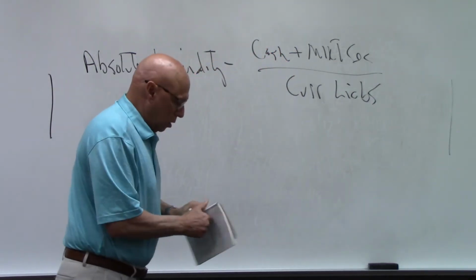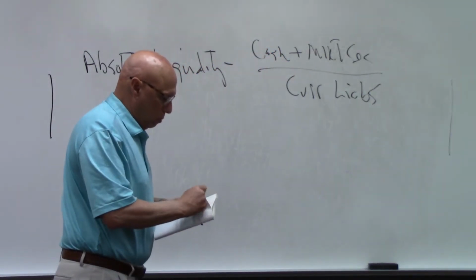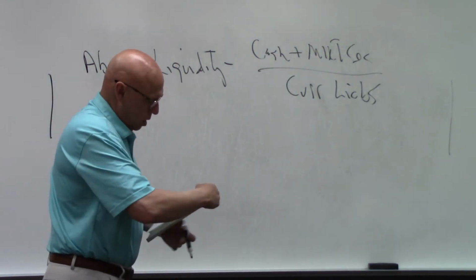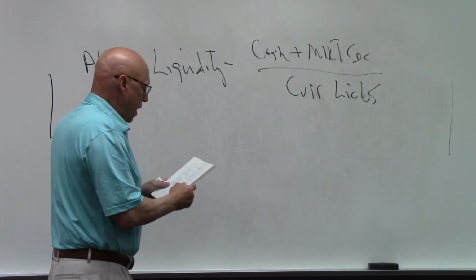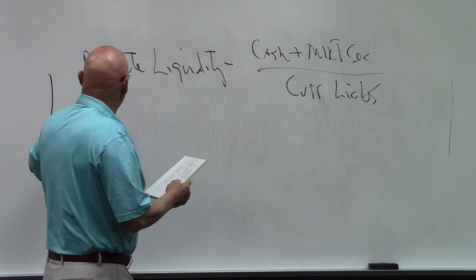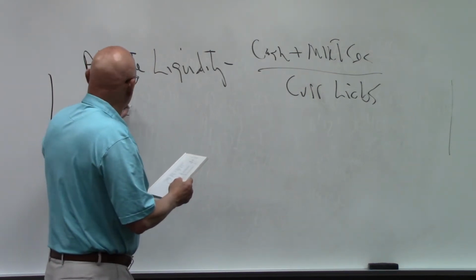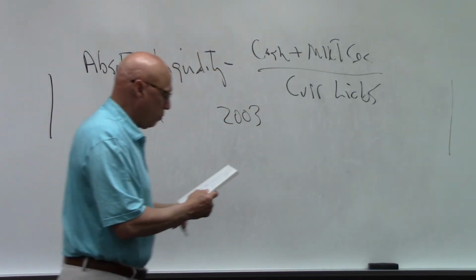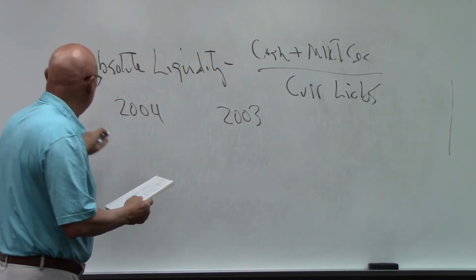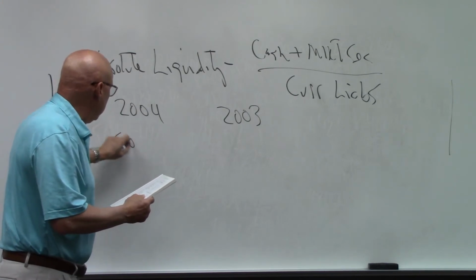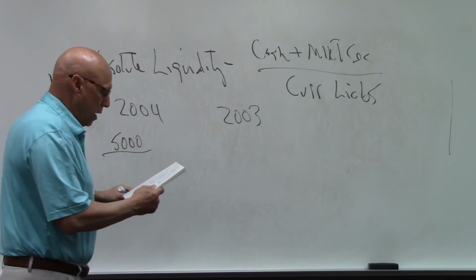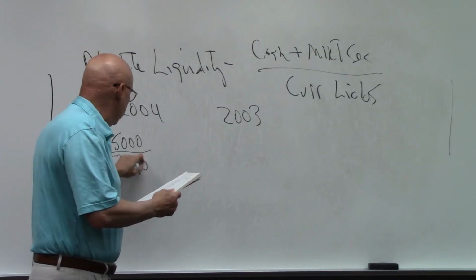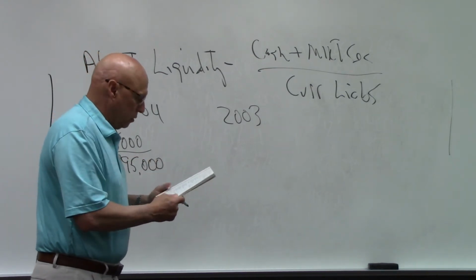All right, so let's get over to the balance sheet for signal cable, and we find that cash is, so let's do 2004 and 2003. They don't have marketable securities. They have cash of $5,000 divided by current liabilities of $895,000. Not impressive at all.